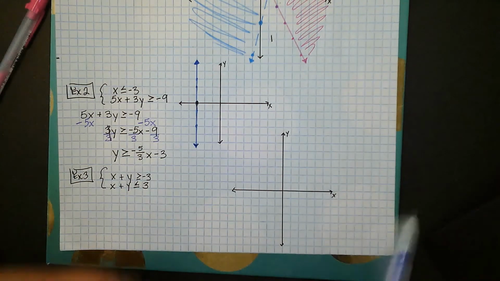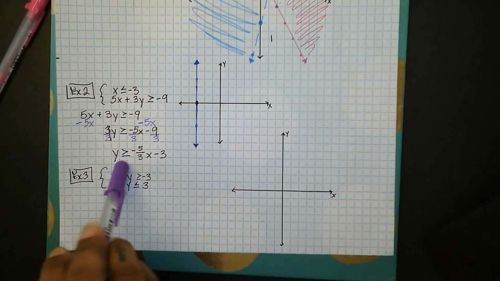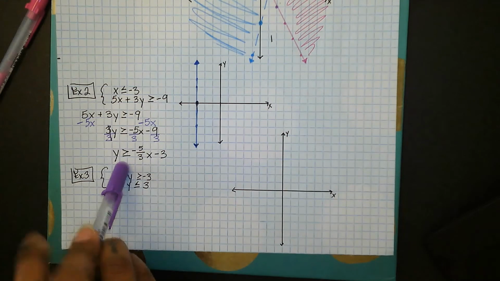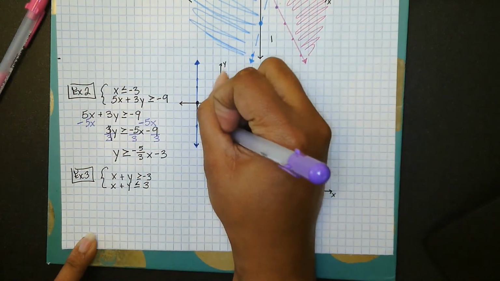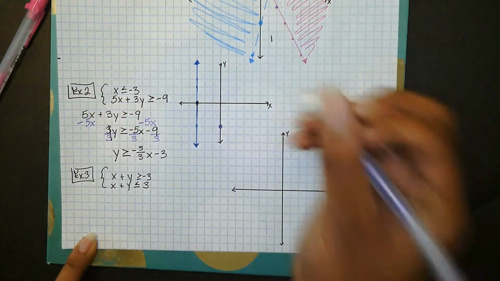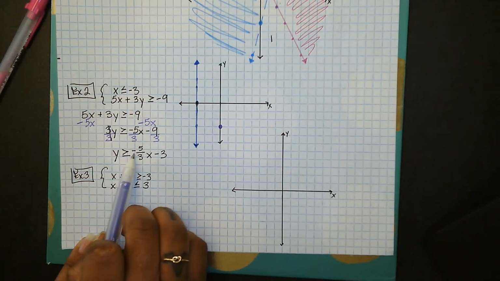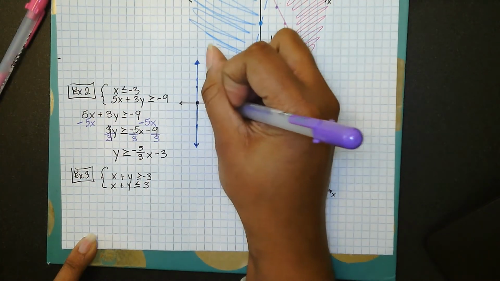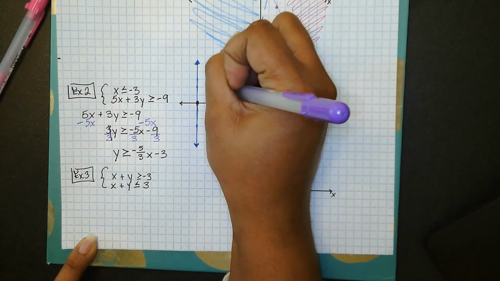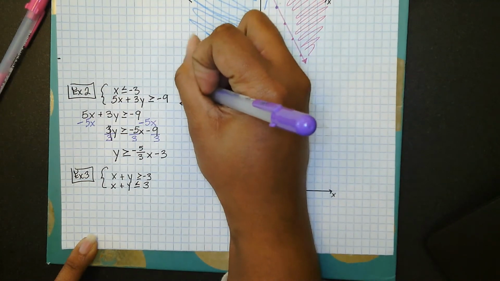So for the second inequality, now that we've solved for y, our y-intercept is -3, so that's going to be my starting point. And I'm going to use the slope, which is -5/3, to find the next points. So I'm going to go up 1, 2, 3, 4, 5, and go to the left 1, 2, 3.